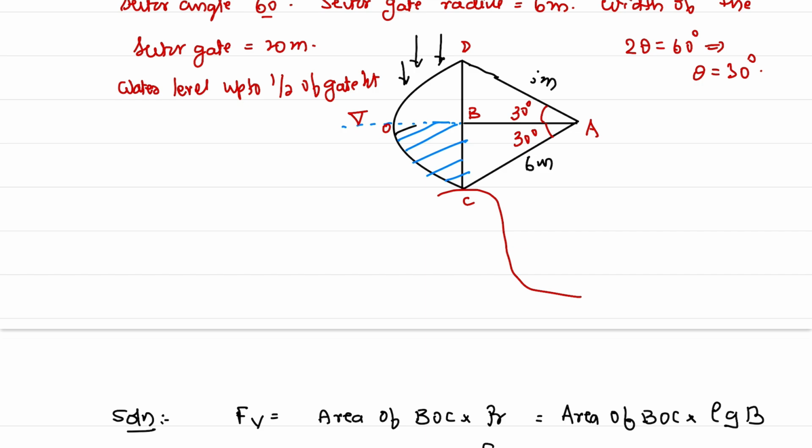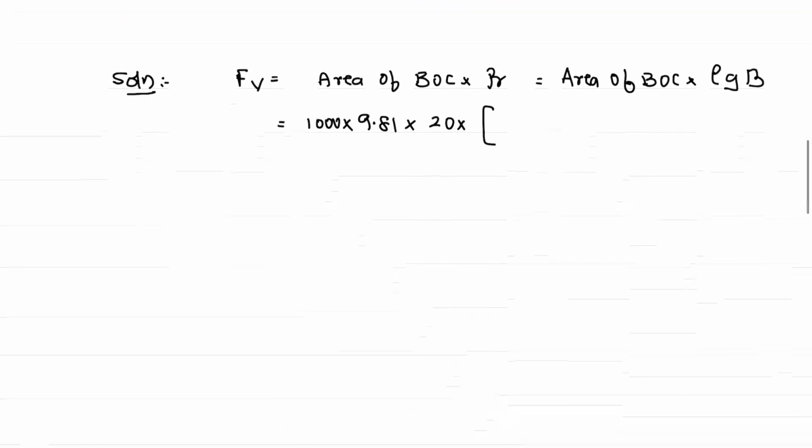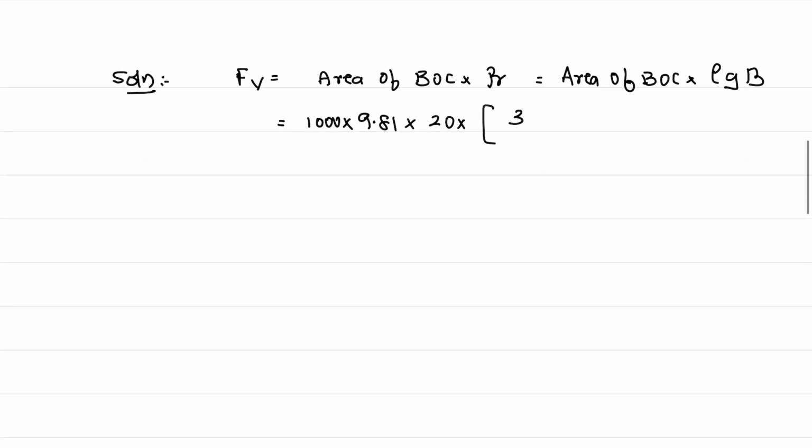For 360 degrees, the area of the circle is pi r square. For 30 degrees, how much? 30 by 360 into pi into r square, that is 6 square.